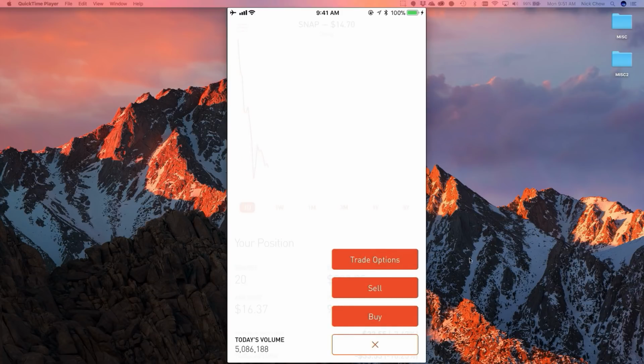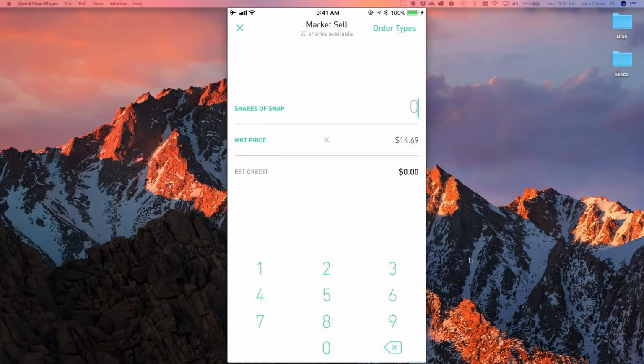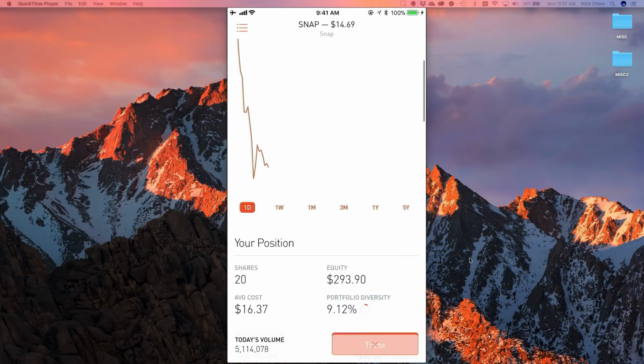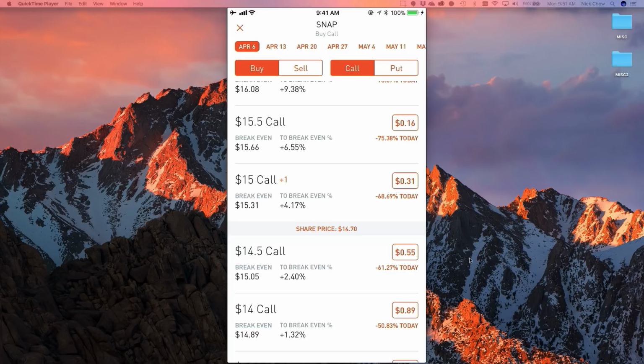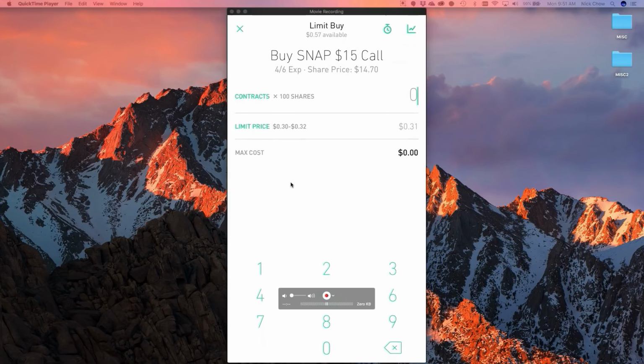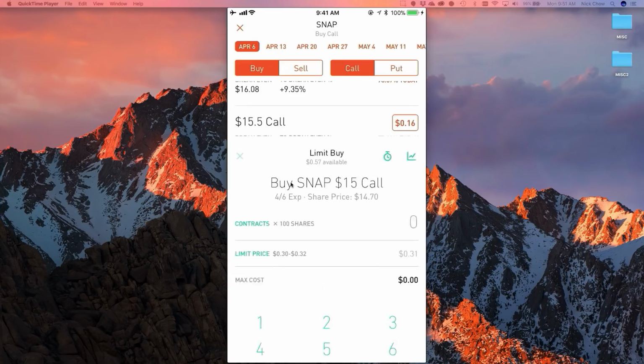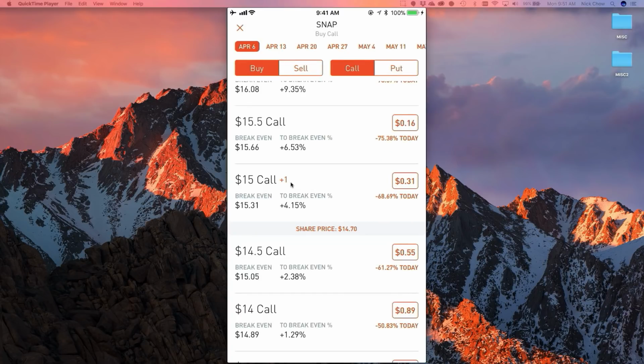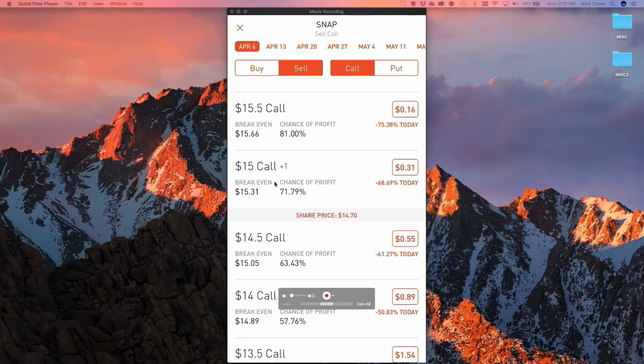If I want to, let's see if I can sell from here. No, that's only sell Snap. So I own this, and now you can see that I have this +1 here next to the $15 call. So I own one $15 call. Now if I want to sell, instead of buy, I just click sell up here, and click sell my call here.